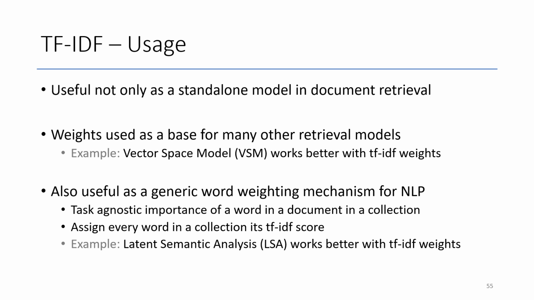So we can have a task agnostic importance of a word in a document, in a collection, and we can assign every word in a collection its TF-IDF score. An example for that is again LSA, latent semantic analysis, which has been shown to work better if you utilize TF-IDF weights with it.